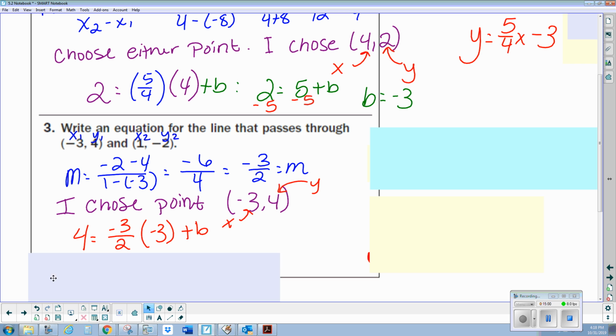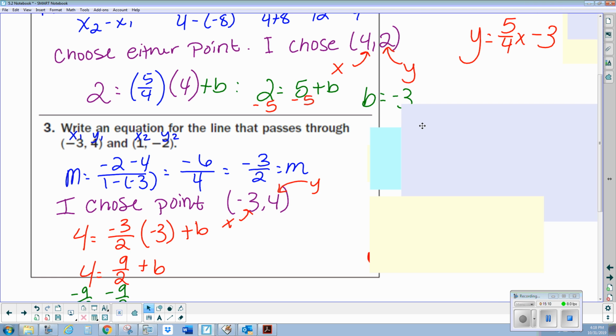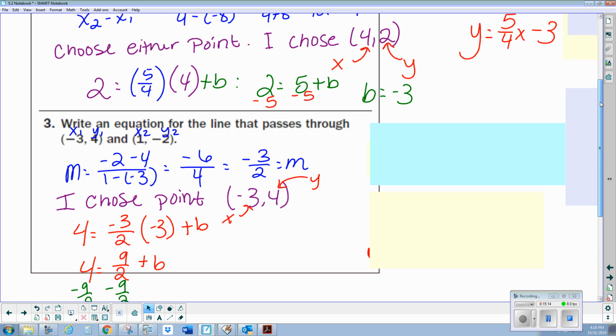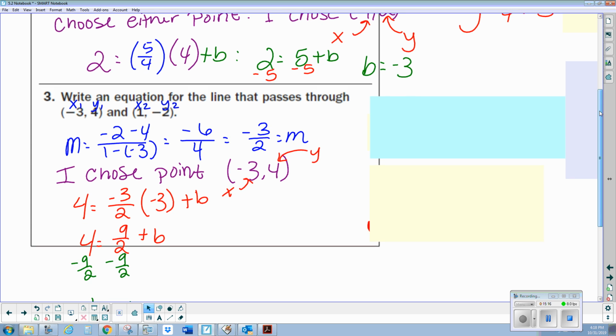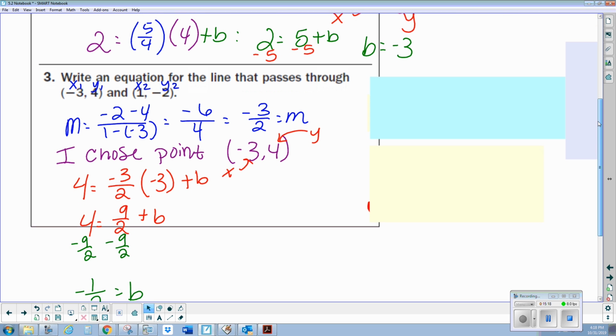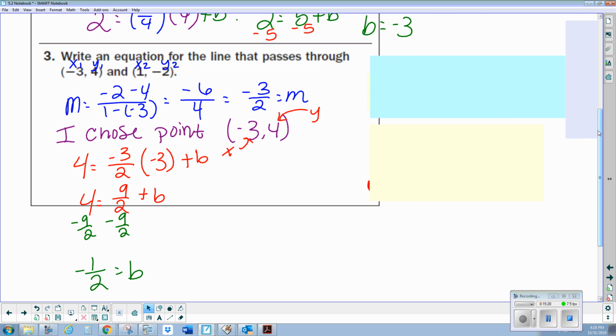Okay, so when I multiply fractions, remember you multiply the numerator times the numerator and the denominator times the denominator. So I get 4 = 9/2 + b. So I need to move 9/2 to the other side of the equation, which means I need to subtract 9/2 from both sides. 9/2 is 4 and a half.